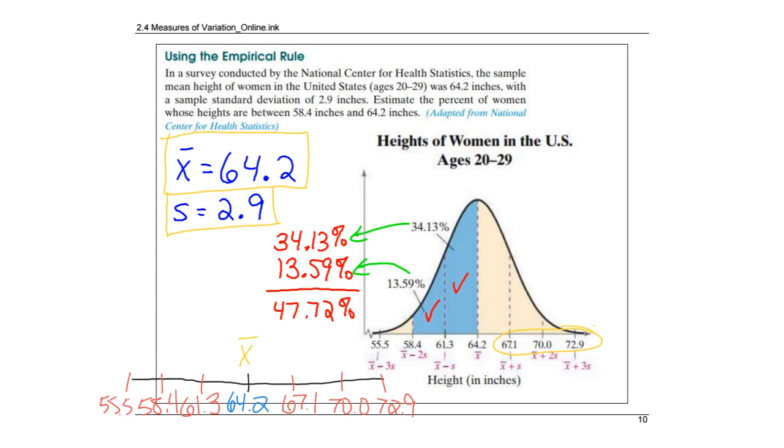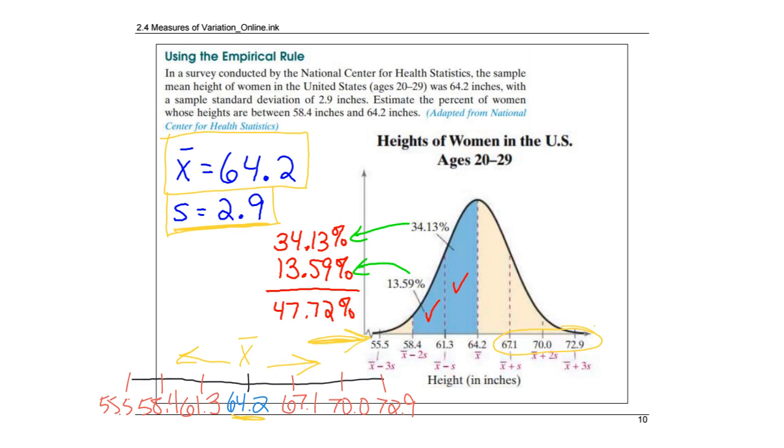Okay, so just like any other number line, I'm going to add to head to the right. I'm going to subtract to head to the left. The mean is going to be in the middle. So 64.2, I added 2.9 each time as I headed this way. I subtracted 2.9 when I headed to the left. And remember, 2.9 is my standard deviation. That's going to show me my spread. So this is how they got the number line on the x-axis here.